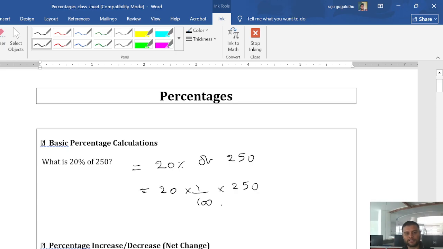Of means multiplication. You can cancel these two zeros over here. So this is 50. 25 into 2, that is 50.